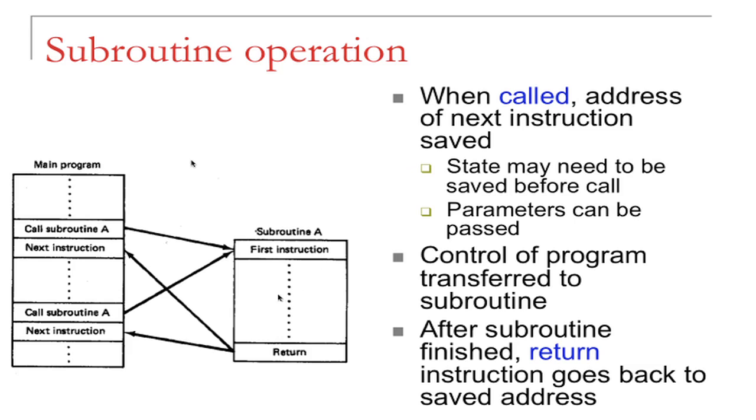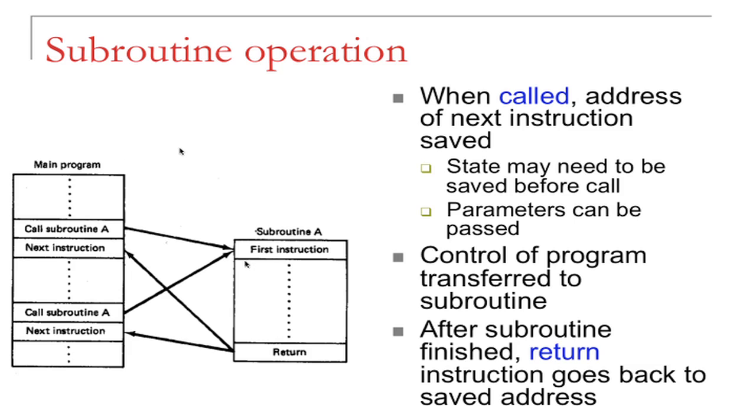In that case, AX will be modified inside subroutine A. But in the main program, we're going to use the initial value of AX in later instructions.